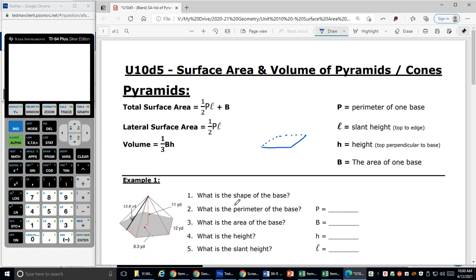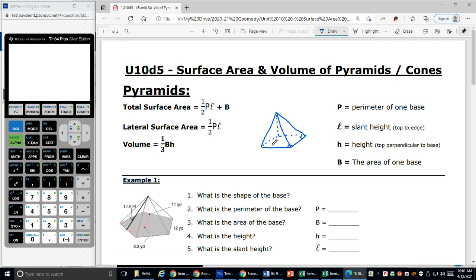And so even if it's a rectangle on the bottom, it may not look like a rectangle when you look at just the base by itself. And again, that's one of the reasons that we oftentimes will give you figures that aren't to scale, because sometimes when you're looking at them in a 3D world drawn out for you, they're not going to necessarily look like what you're expecting to see.